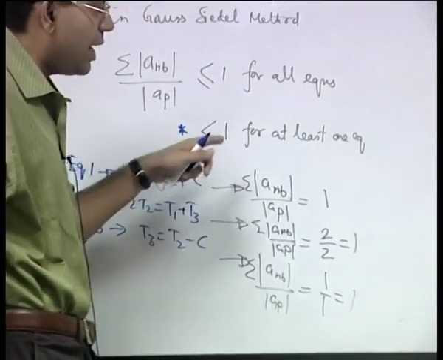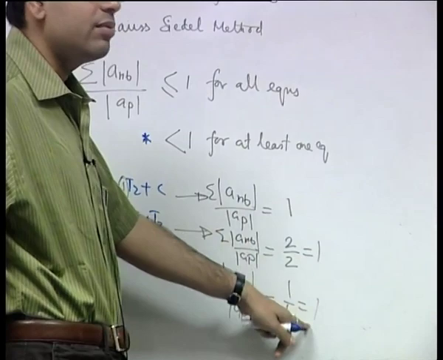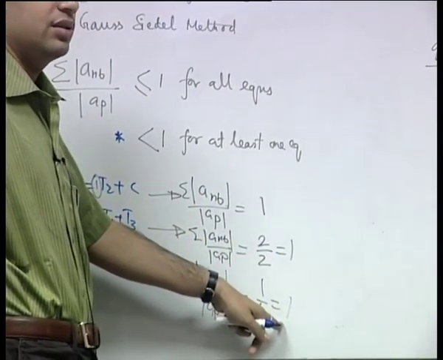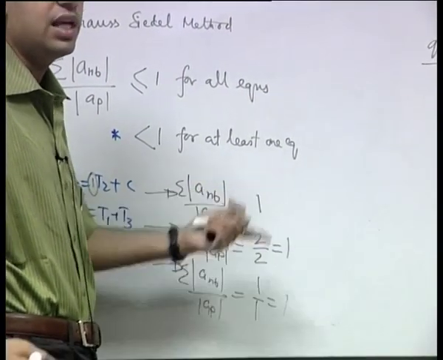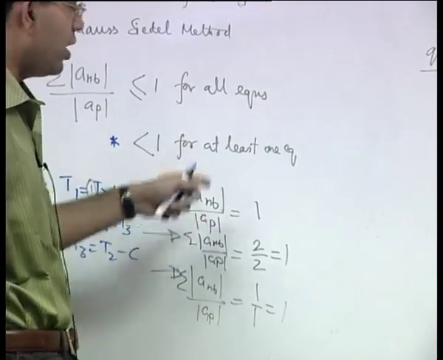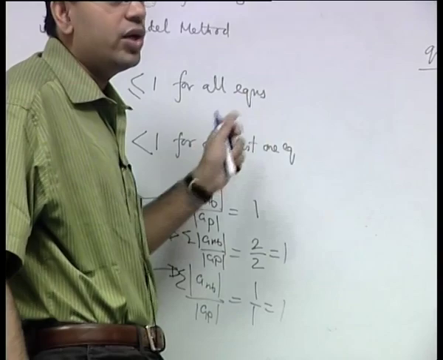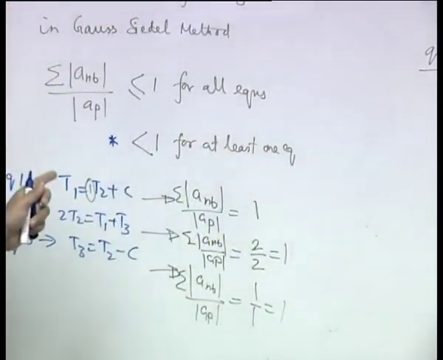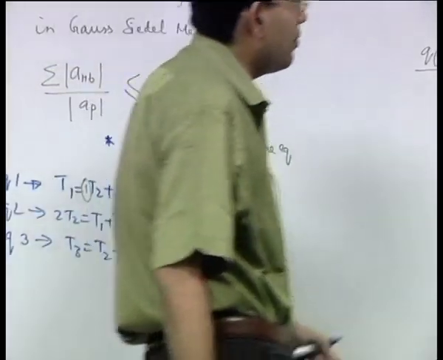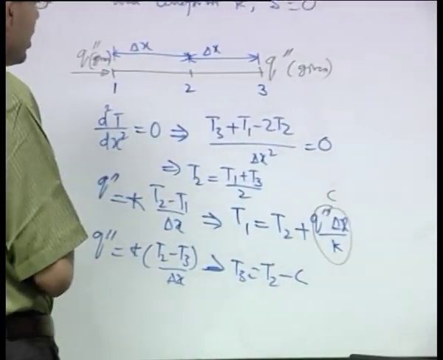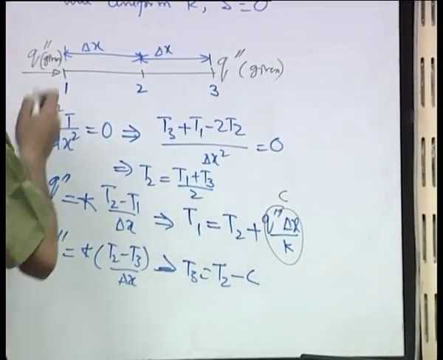Now, if you just satisfy the mathematical criteria, all of these are less than or equal to 1. 1 is of course less than or equal to 1, but none of these are less than 1. So, how can you make it less than 1? Let us say that you specify the value of temperature instead of the heat flux at the left boundary.